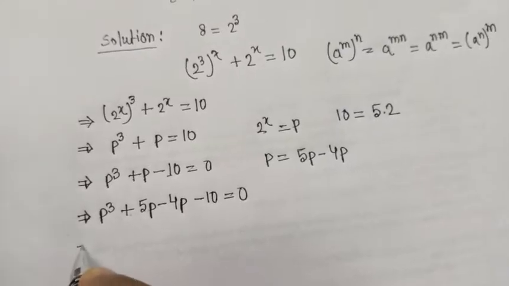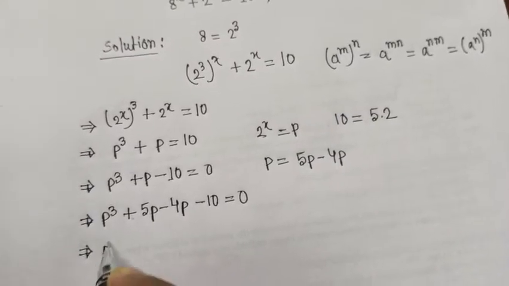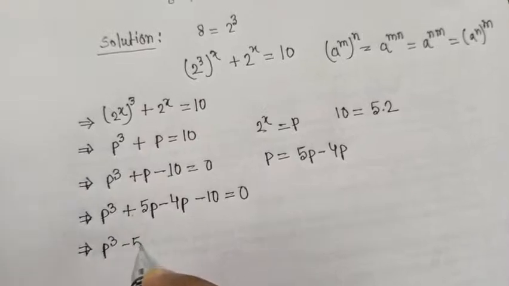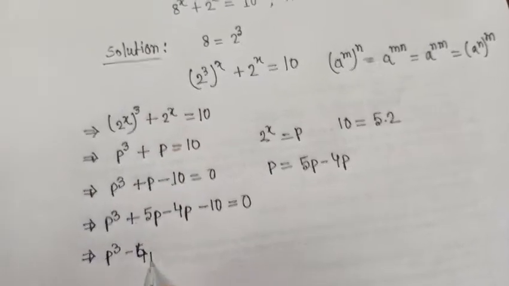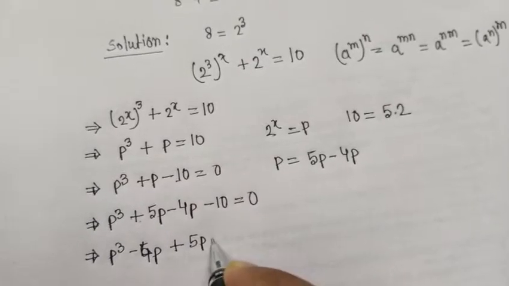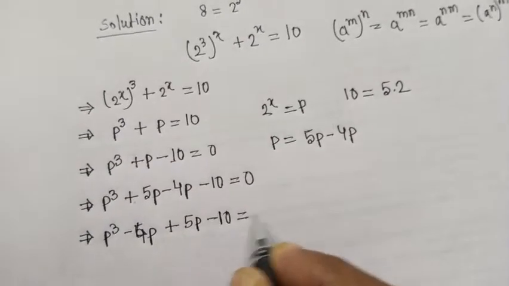Now in the next step we are going to just swap these two terms, so p cube minus 4p plus 5p minus 10 equals 0.